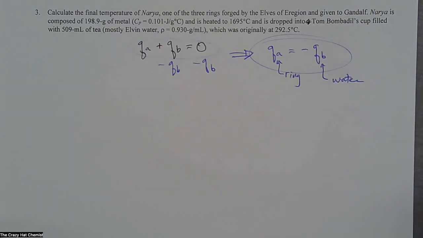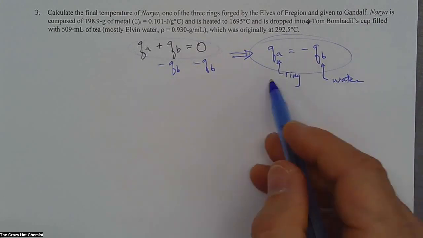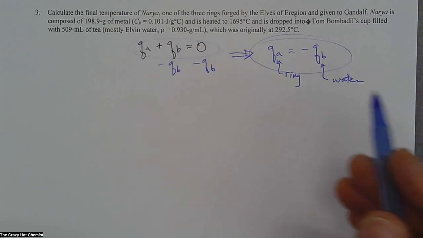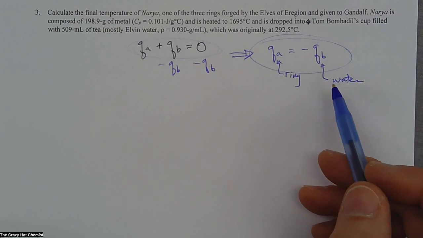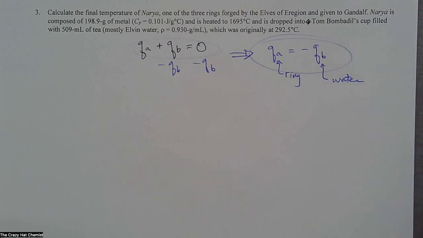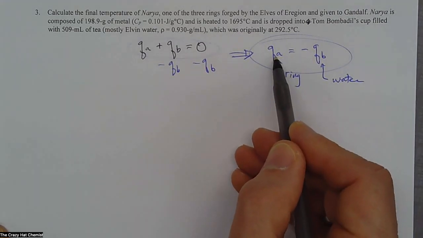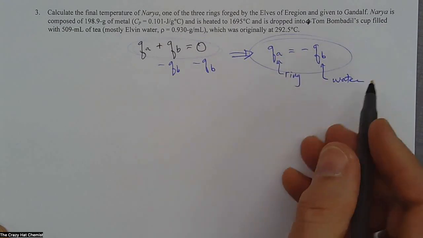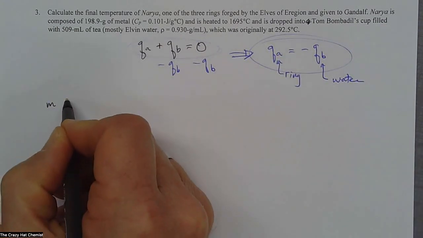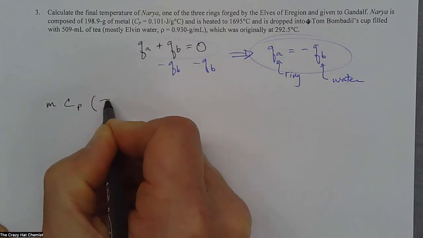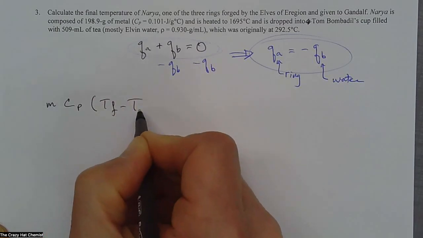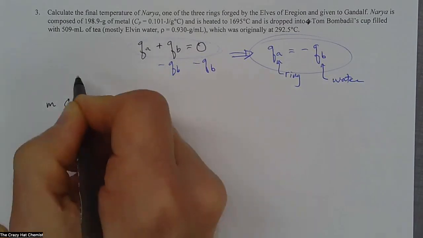It doesn't matter which one you call A or B. Then we're going to substitute in what A is equal to and what B is equal to, so I'm going to rewrite those equations here. Q_A is going to be m C_p (T_f minus T_i), and this is for the ring.